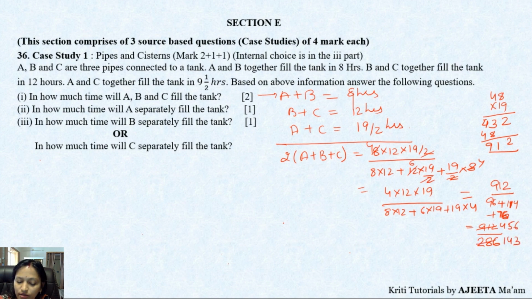Correct? So we get here how many hours? Let's divide 456 by 143. So let's know how much. So 456 divided by 143 will be something like 3 point.